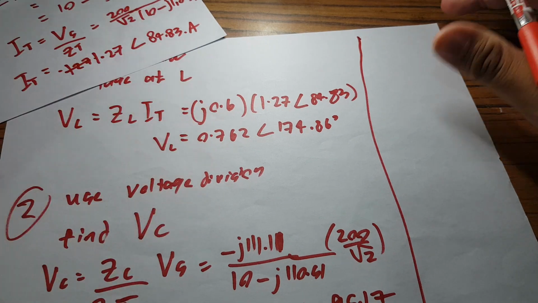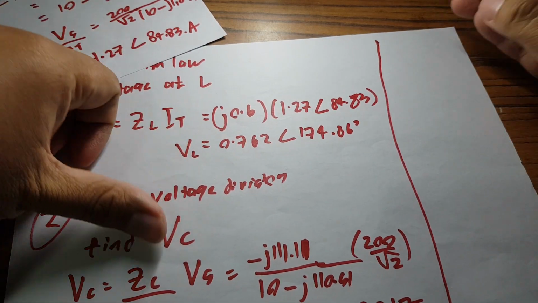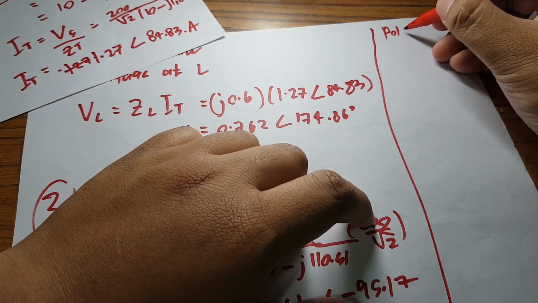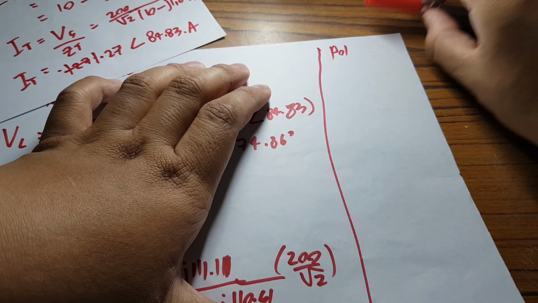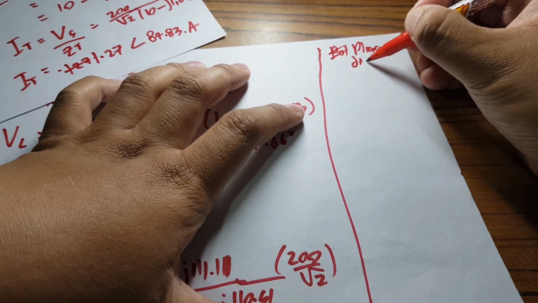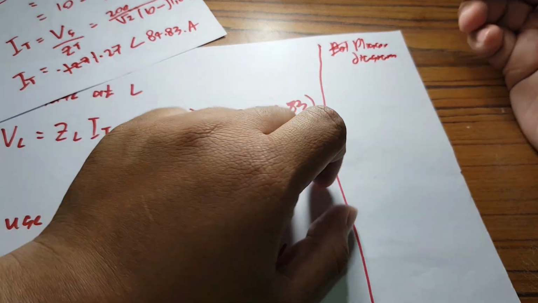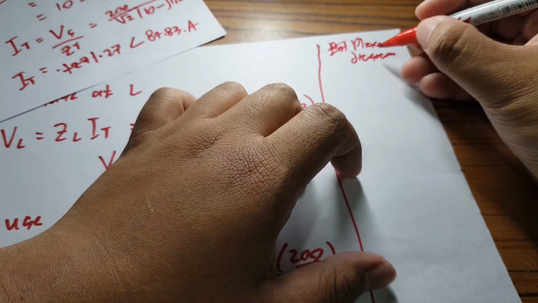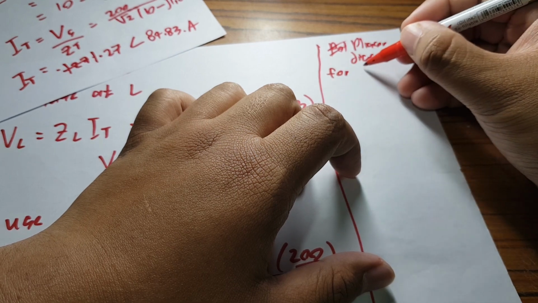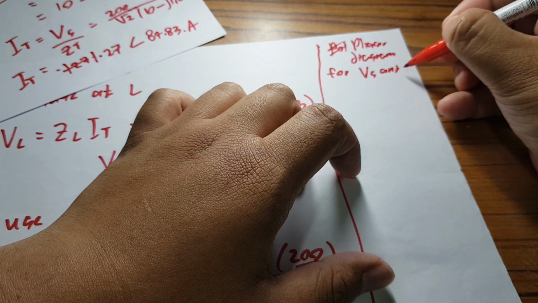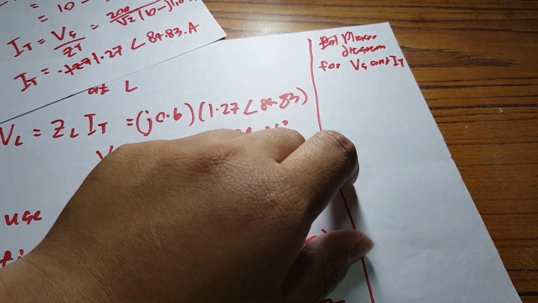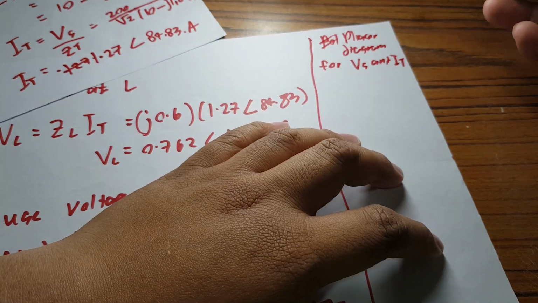So another popular question for this is a polar phasor diagram. Okay, so usually they ask you, for example, the phasor diagram for Vs and IT. So you just draw the Vs and IT, don't include this. You just answer what they want.